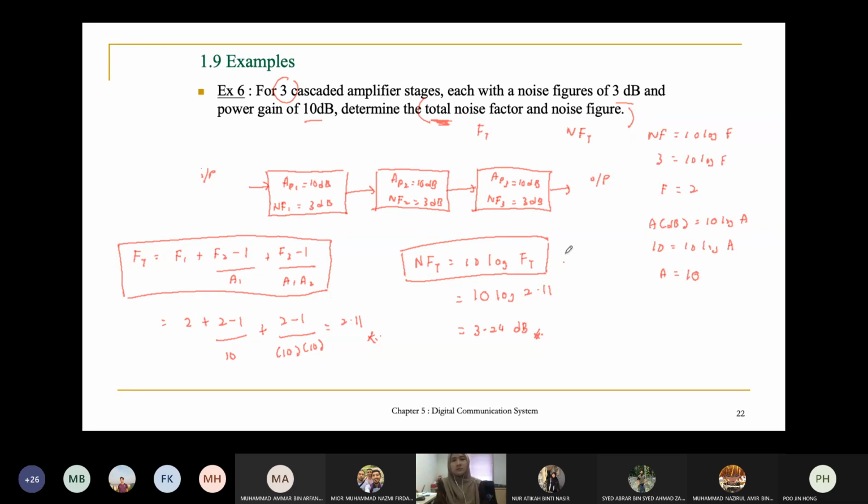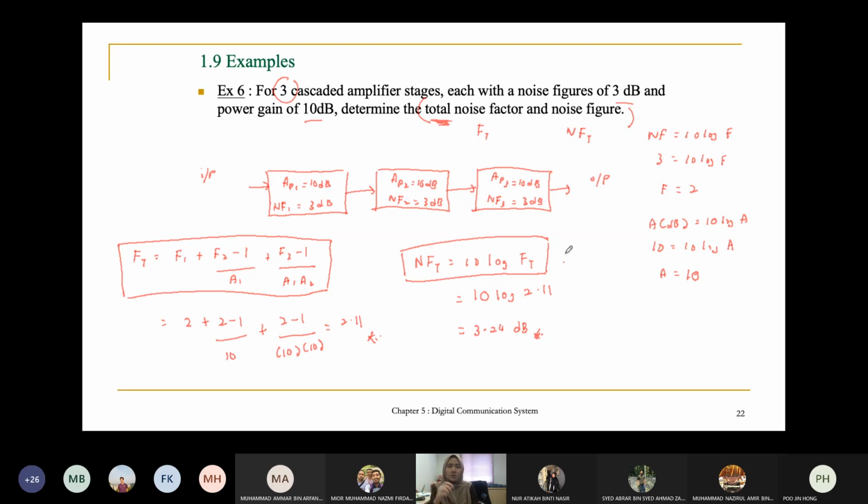Doktor, kalau AP dia tu berbeza-beza, jadi kita kena kira satu-satu ke macam mana? Ya. So kalau AP dia berbeza, awak kena kira satu-satu lah. Ini sebab dia kata amplifier tu semua value dia sama. So sebab tu AP1 sama dengan AP2 sama dengan AP3.